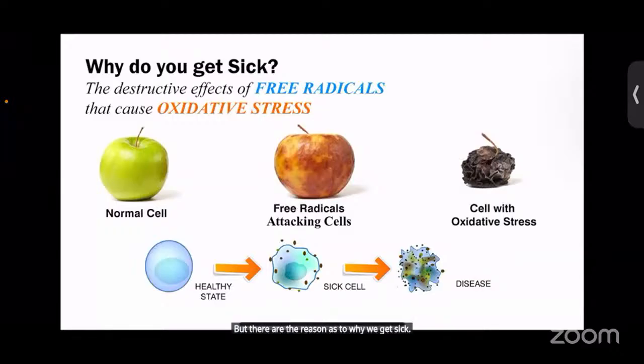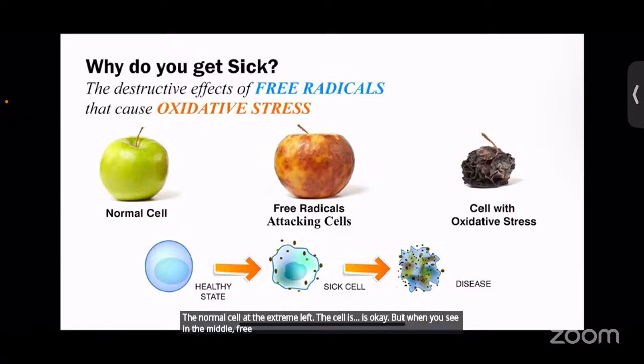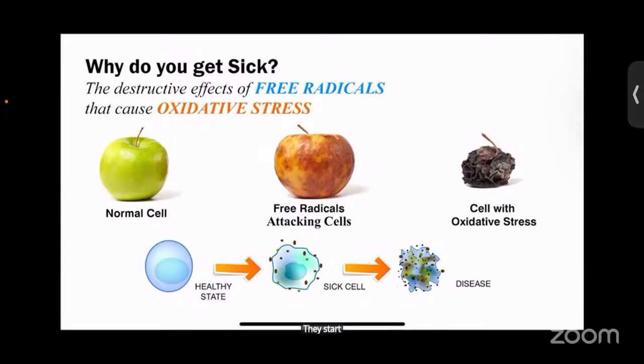The destructive effects of free radicals cause oxidative stress. You see how the normal cell is? The normal cell at the extreme left is okay. But in the middle, free radicals start affecting the cell, and after they have started attacking the cells, the cells change.